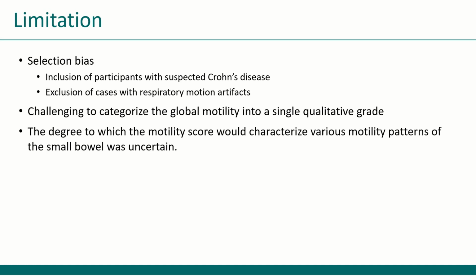Furthermore, evaluating global motility as a single grade was challenging, especially when different segments of the small bowel showed varying degrees of motility. Finally, the degree to which the motility score would characterize the various motility patterns of the small bowel remains uncertain and warrants further evaluation.